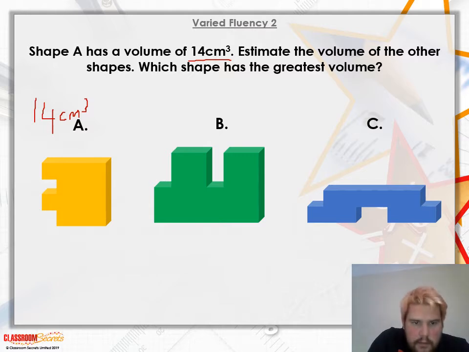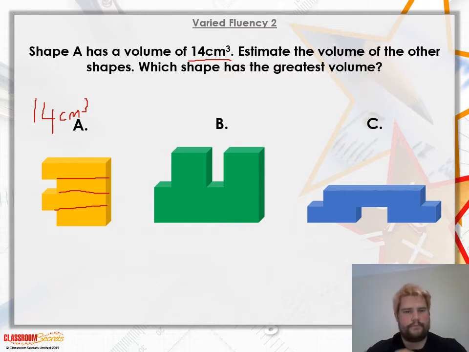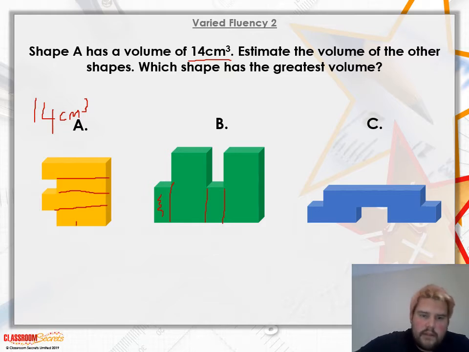Now I'm going to break shape A up again, so roughly 1, 2, 3, 4 little sections we've got going on there. Now it's estimation, remember, so I'm going to start breaking up shape B, certainly not a box that we know. So we've got 4 sections again here. I think this shaded section here is similar, not necessarily perfectly fitting, but similar to this bit over here that I'm shading.